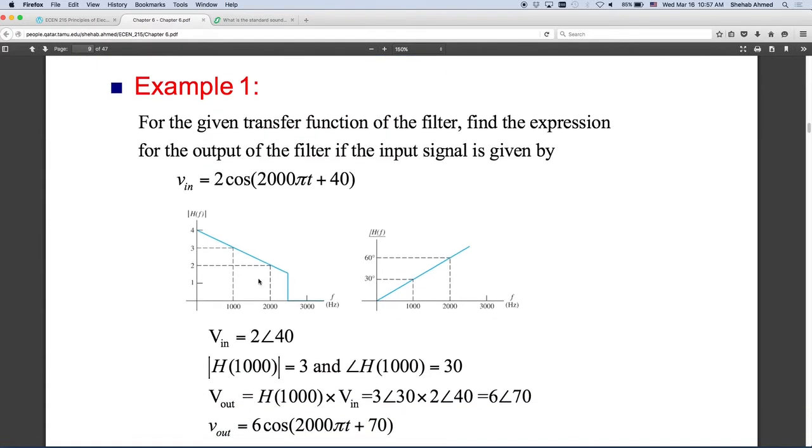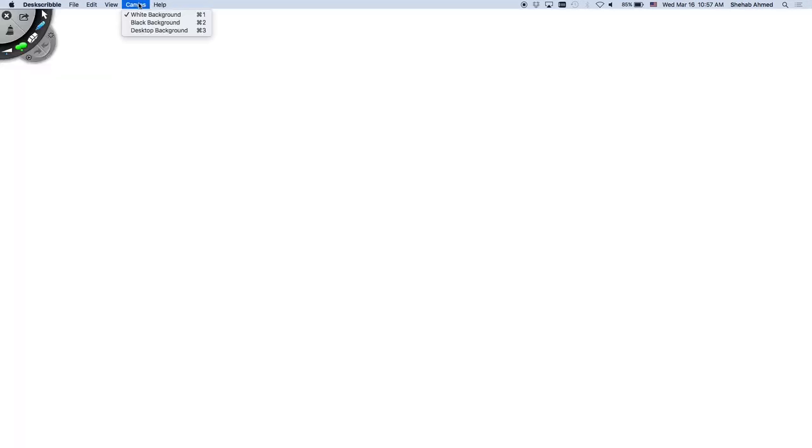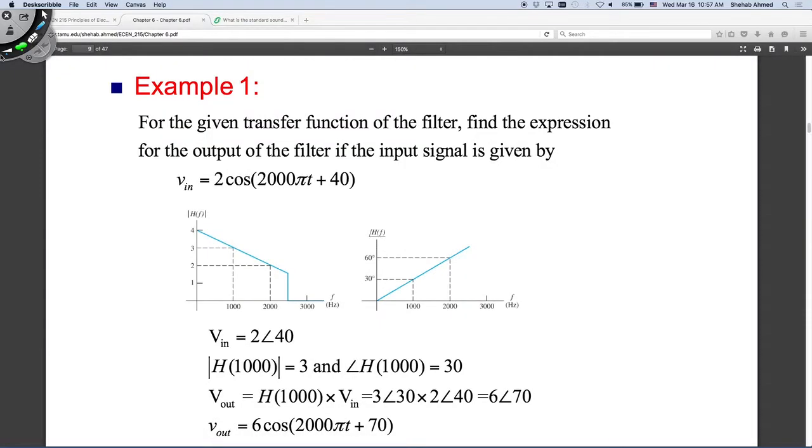So here they give us an example of a transfer function. Remember what we said we're doing: I can represent it as an input signal coming in to some transfer function, and then an output signal coming out.